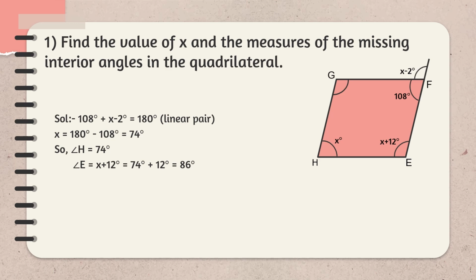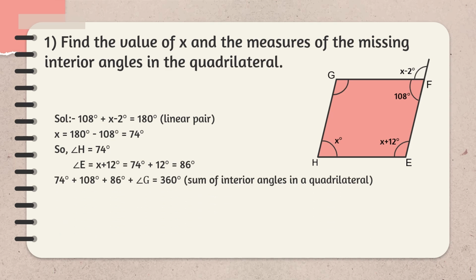Using the angle sum property of a quadrilateral, where all the interior angles of a quadrilateral add up to 360 degrees. We learned this in our previous videos, right? Using that, we are going to find angle G. This is how you find the missing interior angles in the quadrilateral. So I think you have understood.